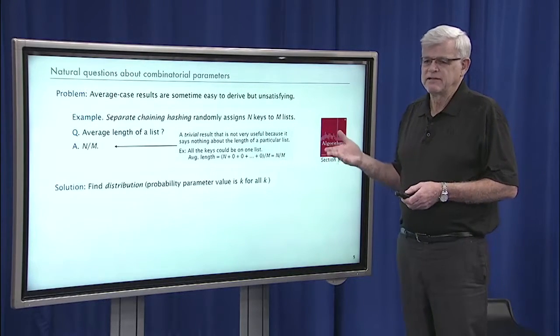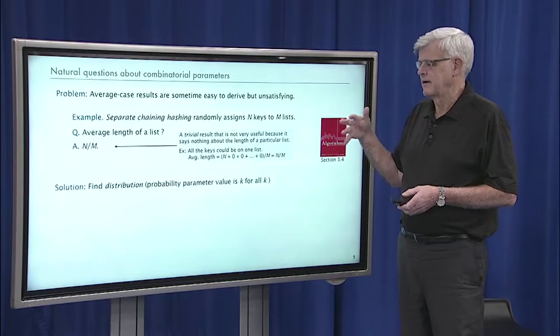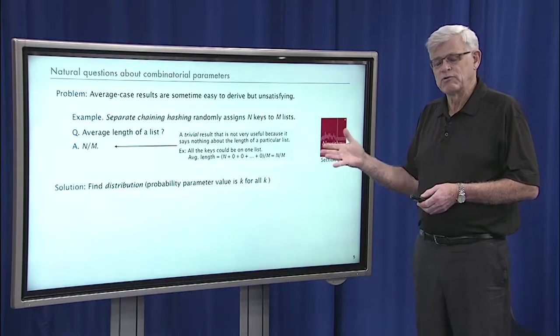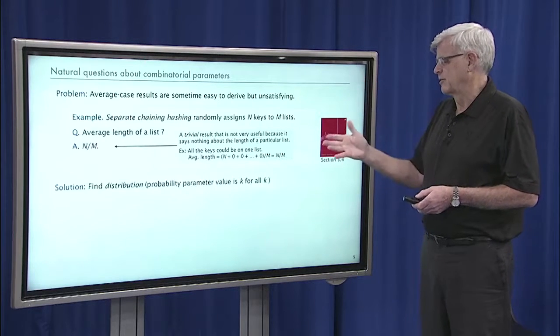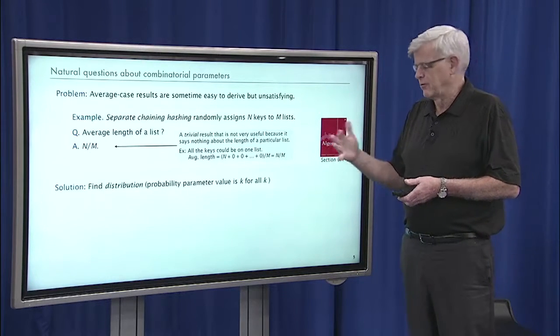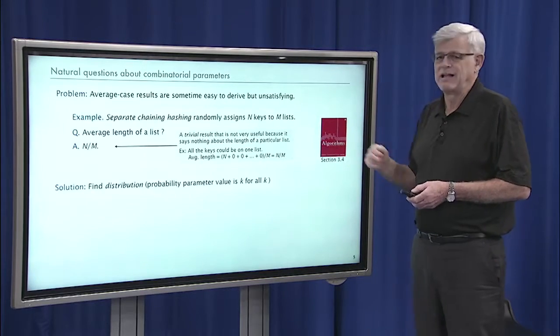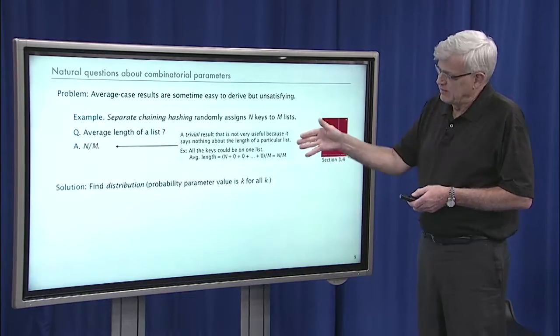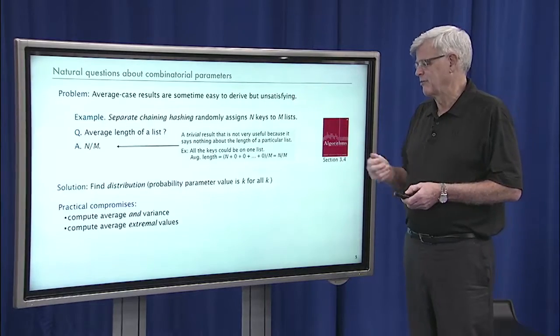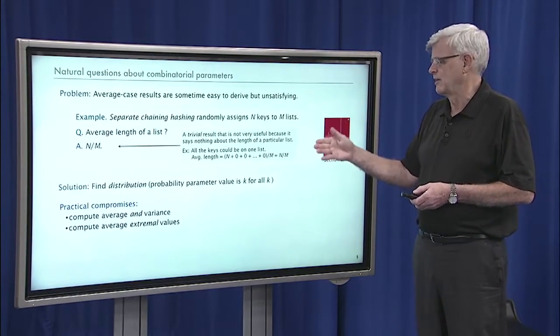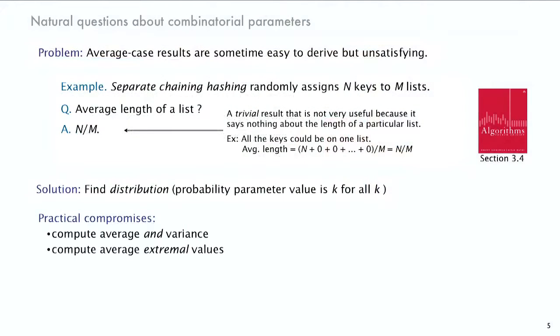And really, the techniques that we're going to talk about today, in many cases, can extend to find the full distribution of the combinatorial parameter. For example, the probability that the value is k for all values of k. With the distribution, you can compute the average, but you can also compute other moments of the distribution that help tell us how likely it is that the thing has a certain value.